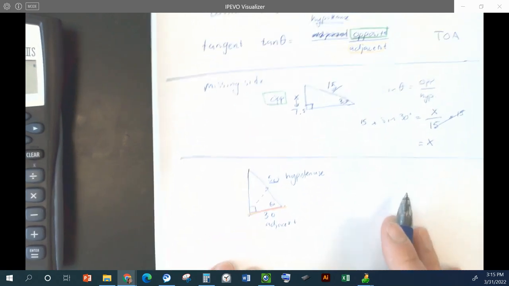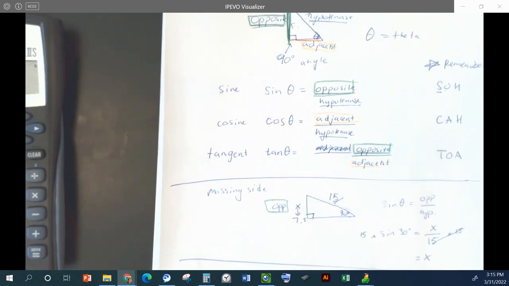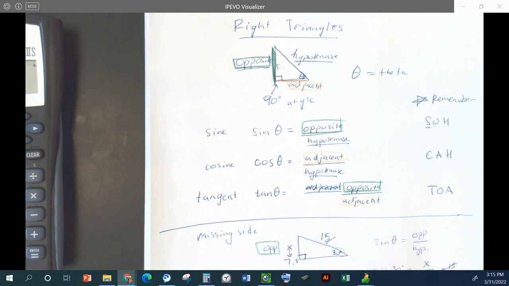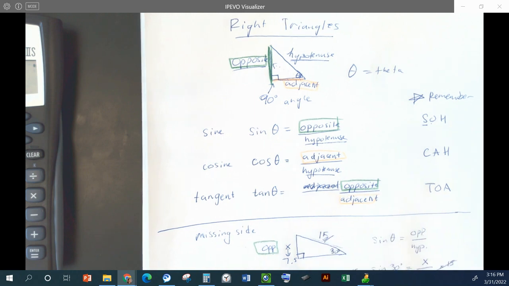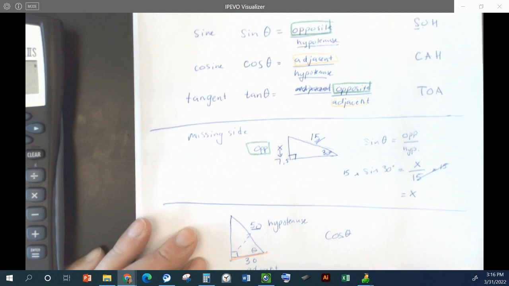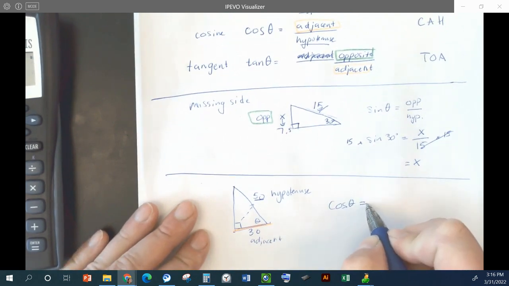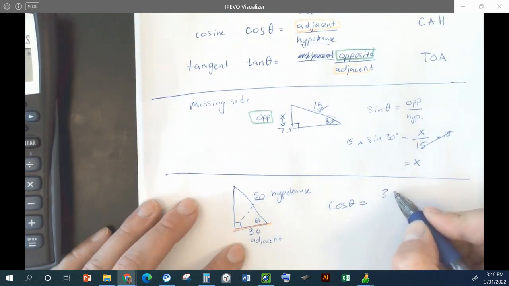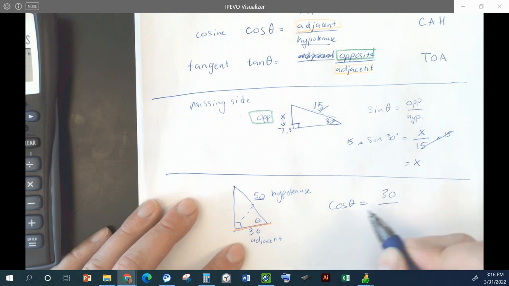So looking at our relationships, do we have one that relates the adjacent and the hypotenuse? Which one? Cosine. Good.